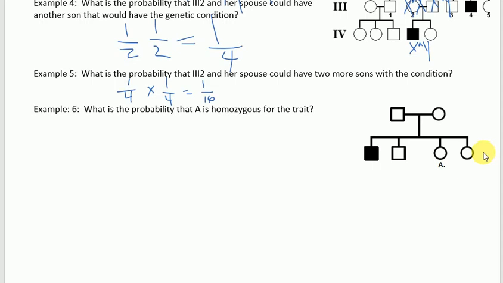So what is the probability that A is homozygous for the trait? Well, we know since it is recessive that we are going to label it with a little a, little a. So that means that our parents have to be heterozygous. So we are looking here for this female. What is the probability that she is homozygous? So we're going to do a cross of our big A and our big A, little a.